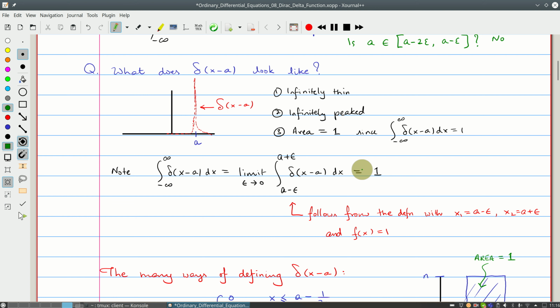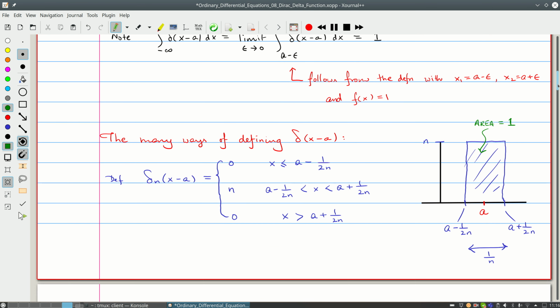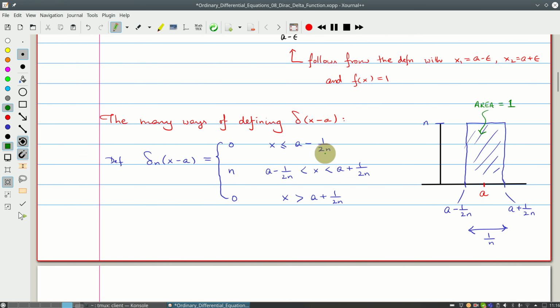So what kind of function is it? In what sense is this a function at all? We haven't seen any function which behaves like this. Well, here's one way of looking at it. Let's define a delta n. This is not the Dirac delta, but it looks like it. A delta n of x minus a. Here's a. And delta n is defined to be this rectangular thing.